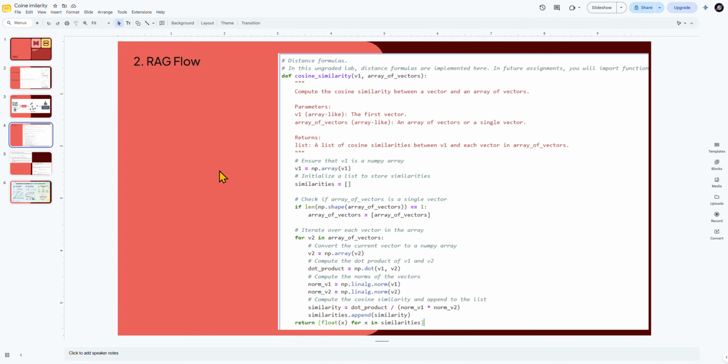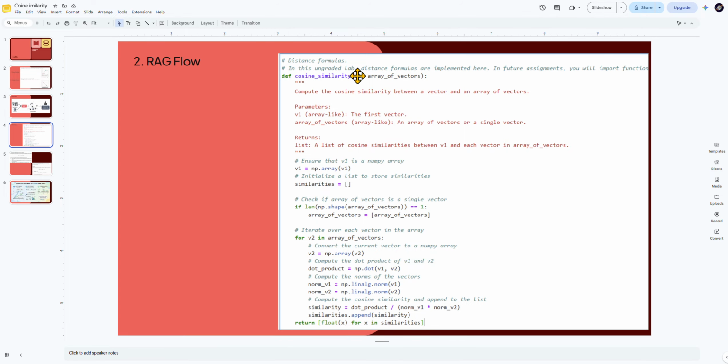Okay, so let's have a look at how the cosine similarity function itself is calculated. This is also part of the course that we are doing, and here you can see this function in one of the examples.